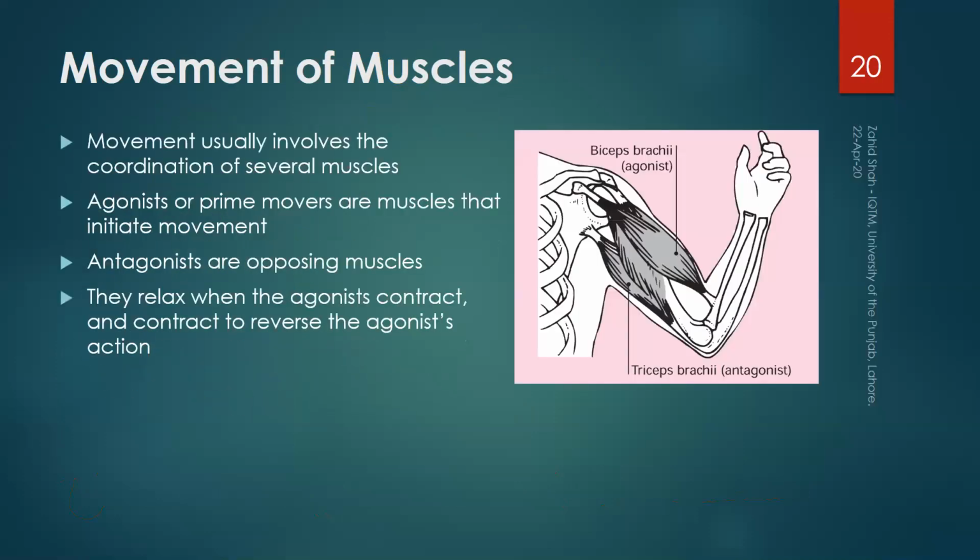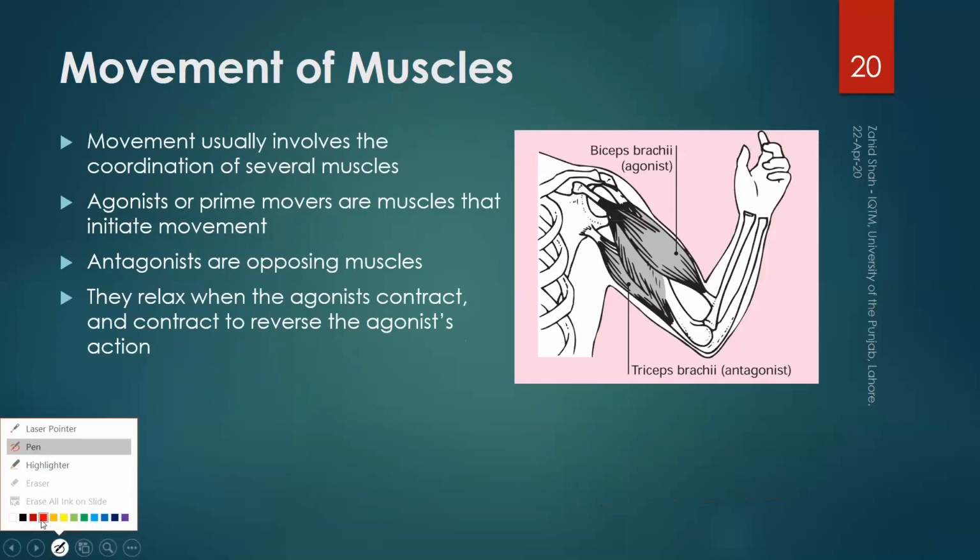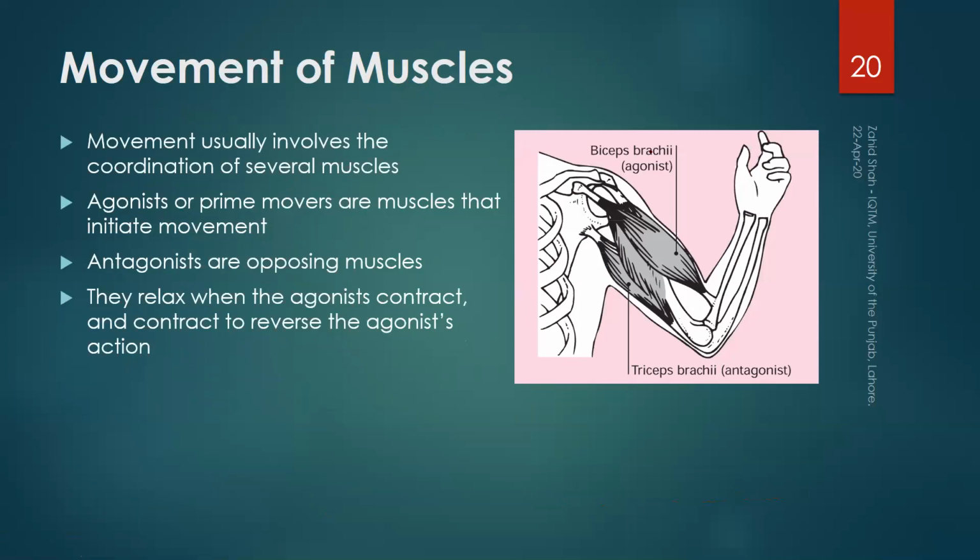So I would reiterate, there are two more words. One is agonist and the other is antagonist. Agonist or prime movers are muscles that initiate the movement, and antagonists are opposing muscles. So they relax when the agonist contracts, and they contract to reverse the agonist's action.